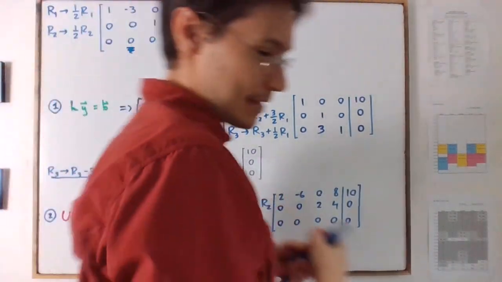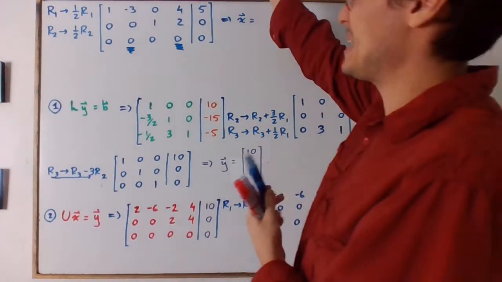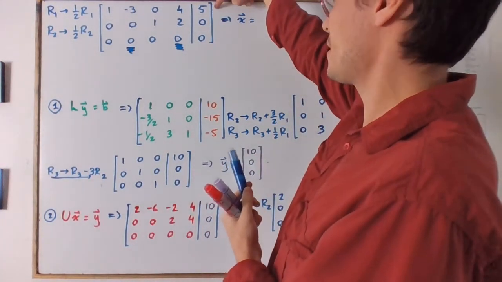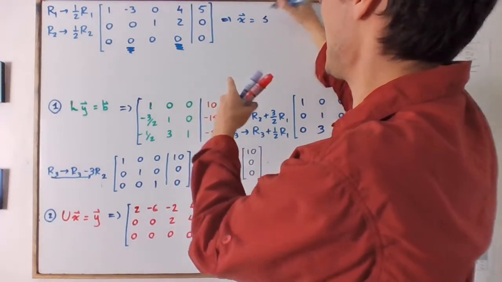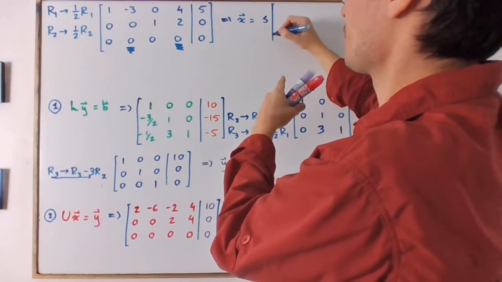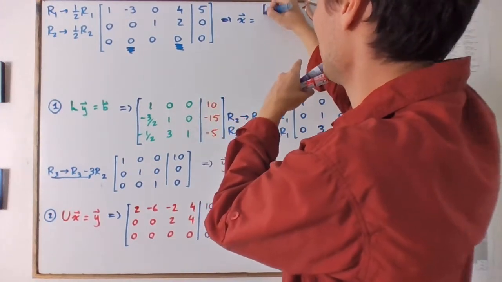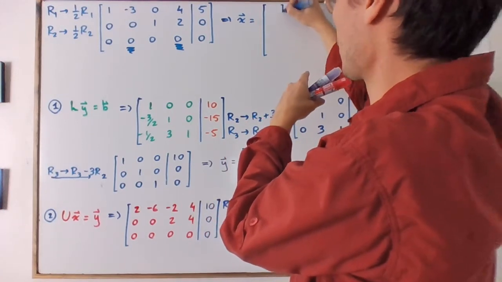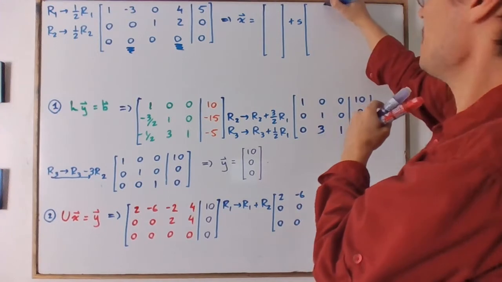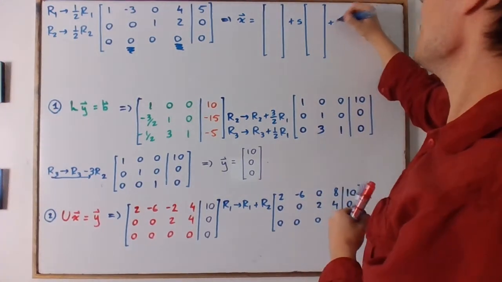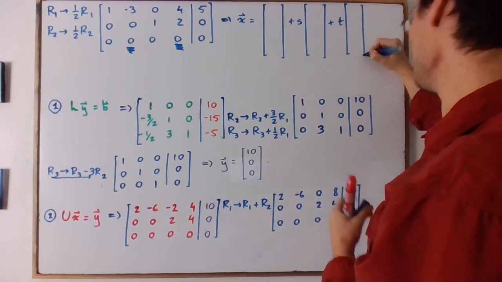So let's read first the variable x1. We're going to have s and t. We're going to have a particular solution, which is going to have 4 columns, plus s times a vector of 4 columns, plus t times a vector of 4 columns. So they all have 4 columns, obviously.